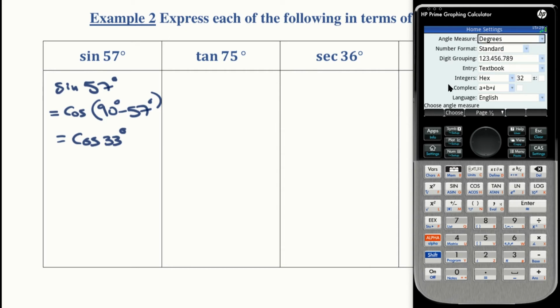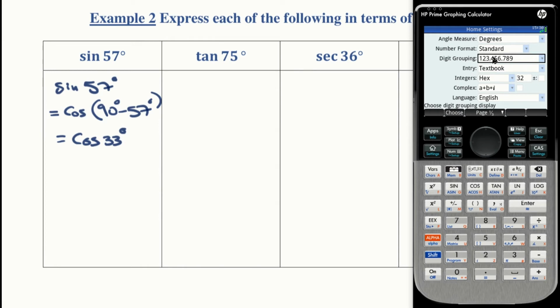Of course, in a lot of building applications, degrees are still the measurement unit of choice. So it's not like we want to abandon degrees, it's just that we need to be comfortable with both, okay? So now notice that once you've done that, sometimes on most calculators you have to click somewhere else so that the change actually takes.